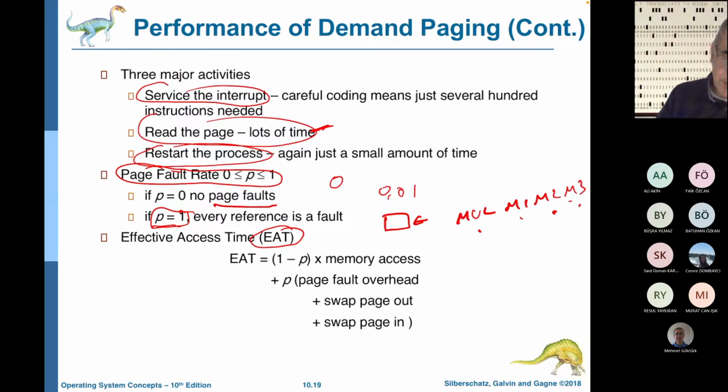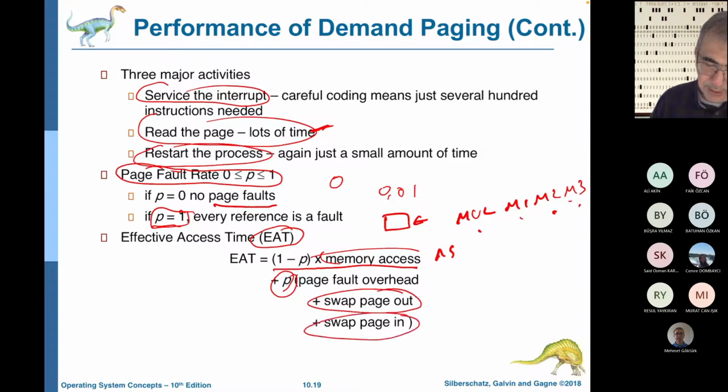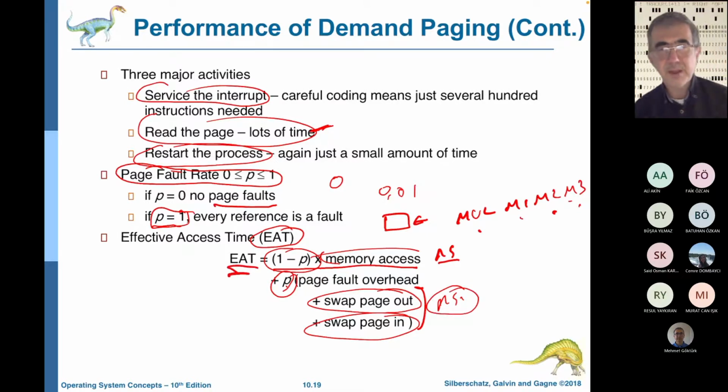So effective access time is 1 minus p times memory access time, meaning that if p is small, it is the regular memory access time in nanoseconds, plus p times the page out, page in time, which is a very big number in milliseconds. So nanoseconds times 1 minus p, plus a number in milliseconds times p, will give you the effective access time.